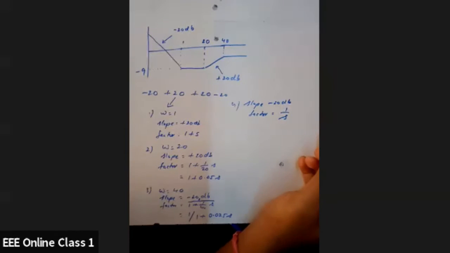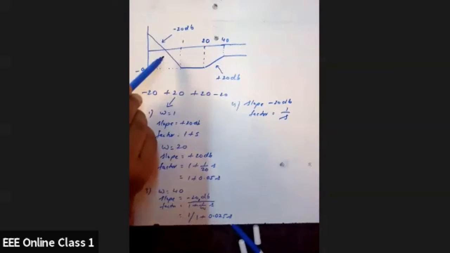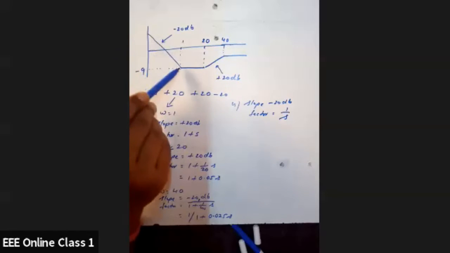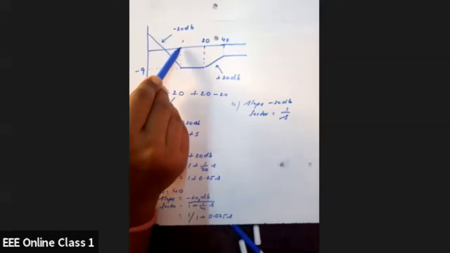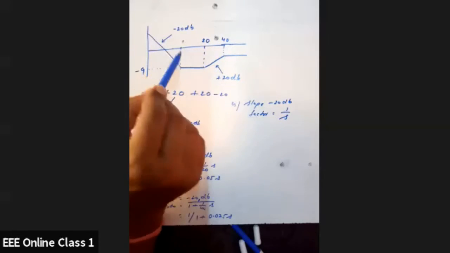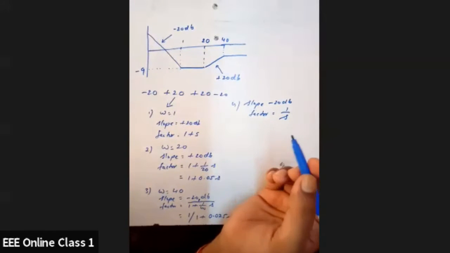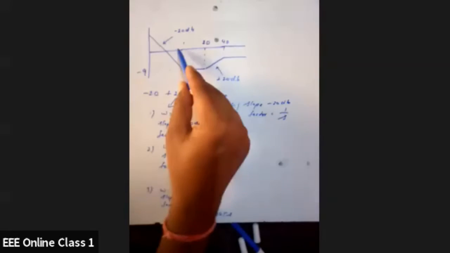Now you see here the line has gone below this line, omega equal to 1. So it is below omega equal to 1. So it means that there is a k which is less than 1. Because of that, this line has shifted down.